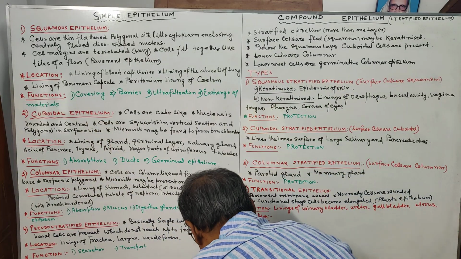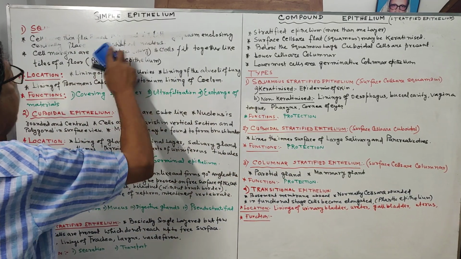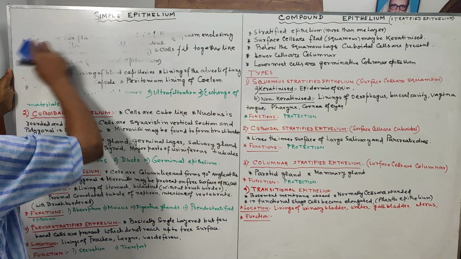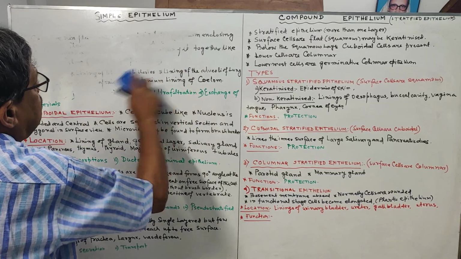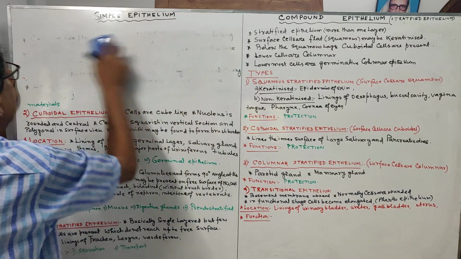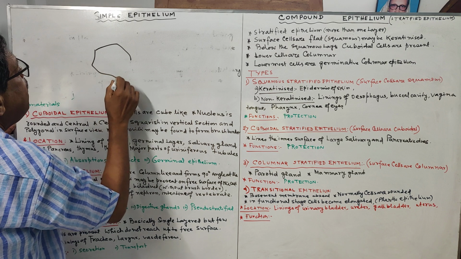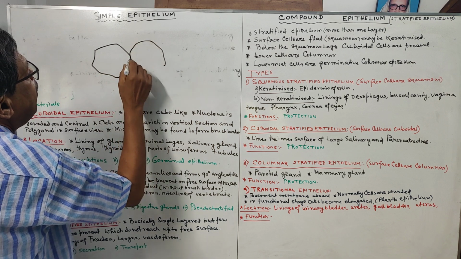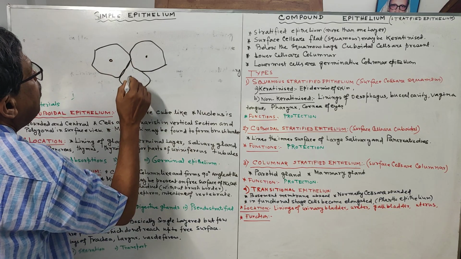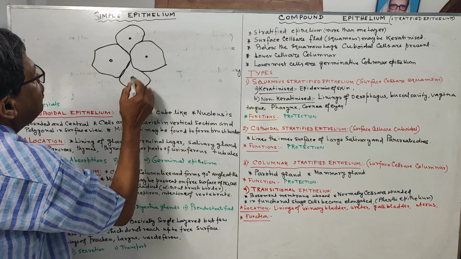In the figure, this is squamous epithelium. Cells are flattened polygonal cells.